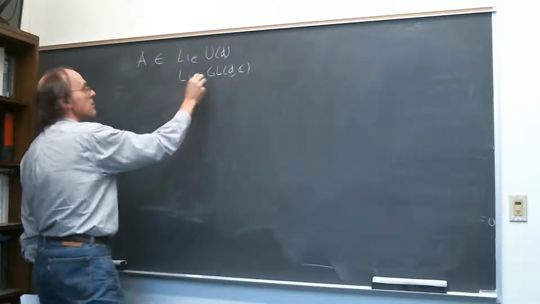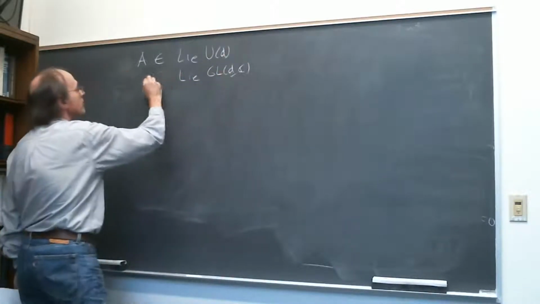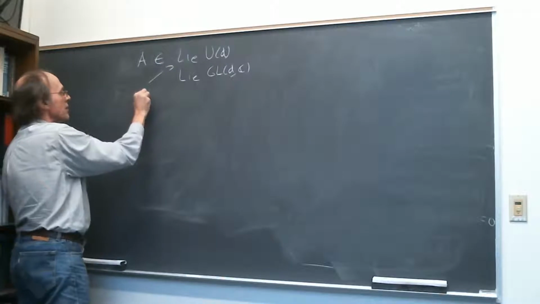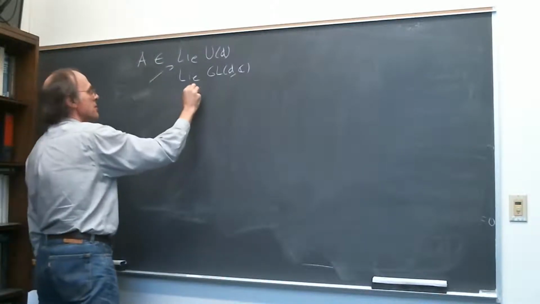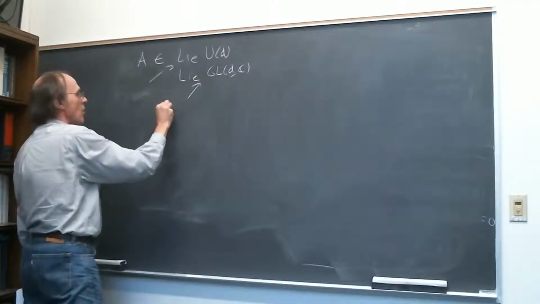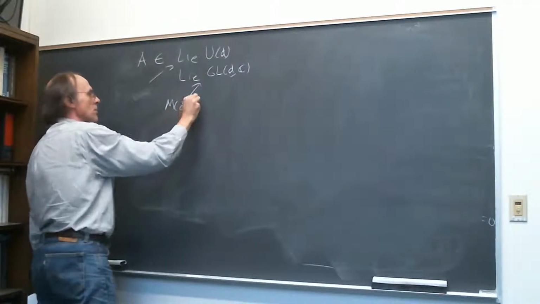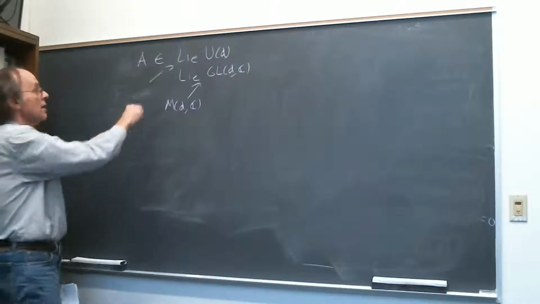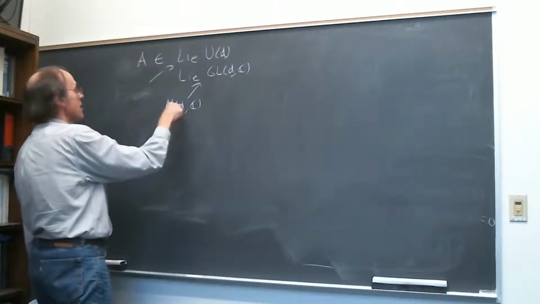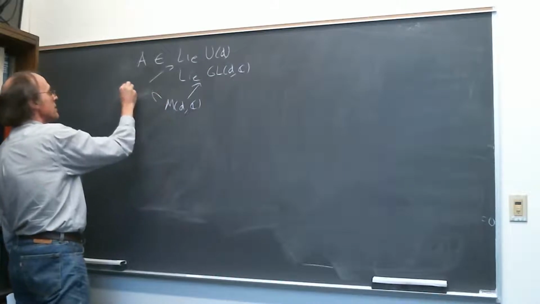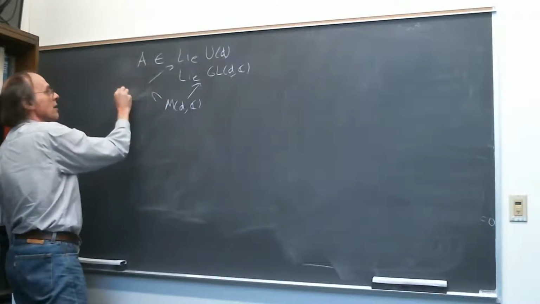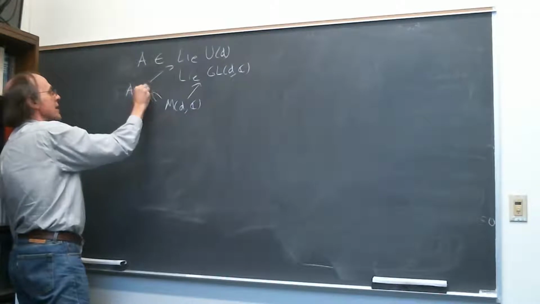Okay, so this is anti-Hermitian. This is all complex D by D matrices, and so it's easy to just work with these guys. This inside here is the anti-Hermitian ones, where A is equal to minus A dagger.